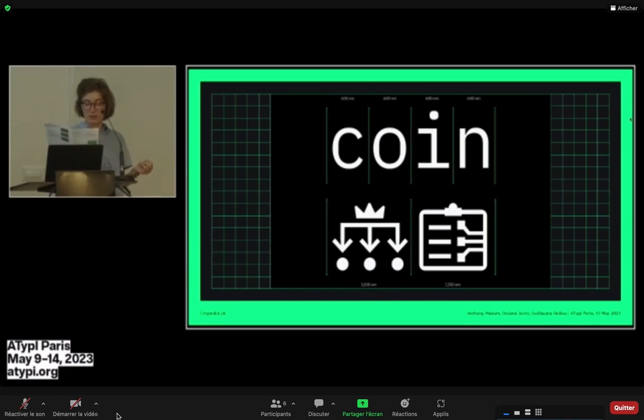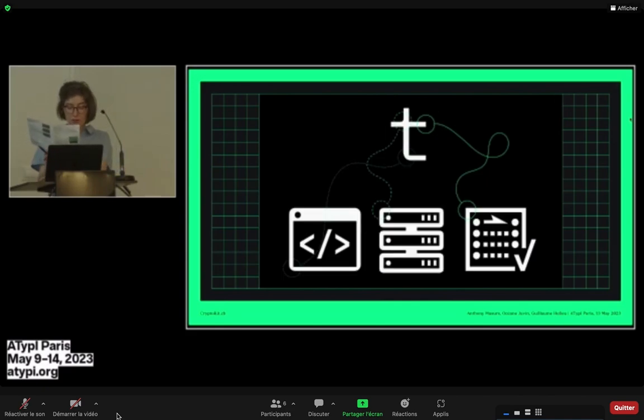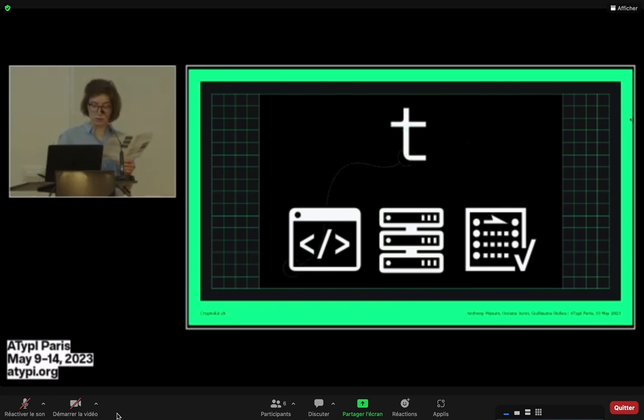So IBM Plex space is 600 EM and CryptoKit is double, so 1200 EM. Then I adapted the stroke thickness so that it looks similar to letters, and tried to play in the same way with shapes of angles and curves, as you can see on this GIF.